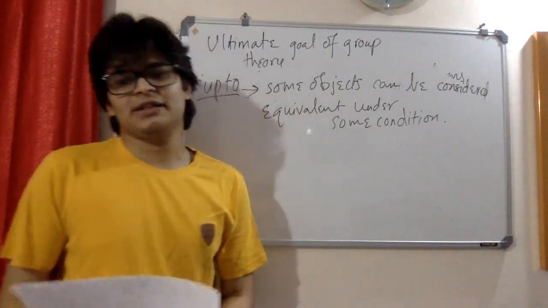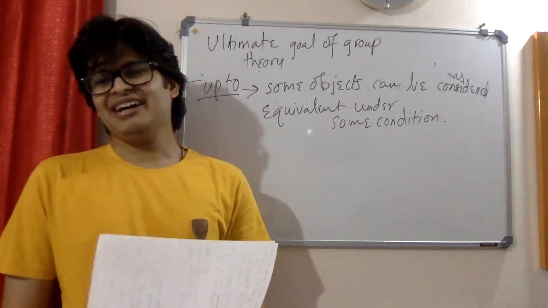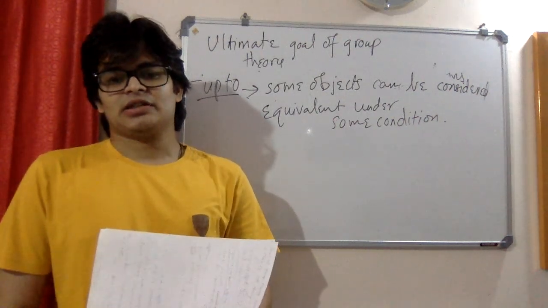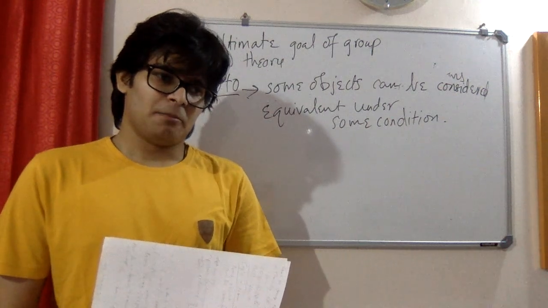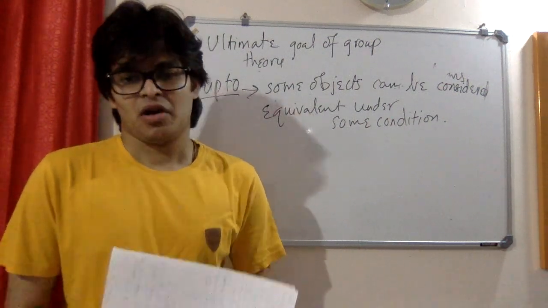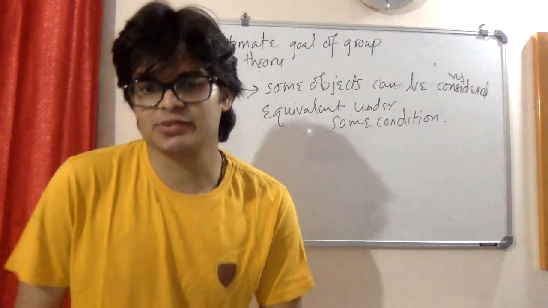So, for example, we have a specific condition. Barring that condition, the objects can be treated as equals.